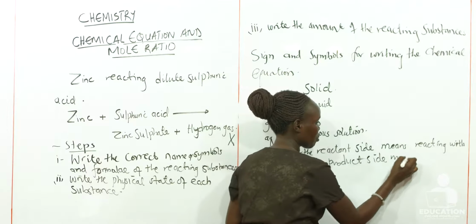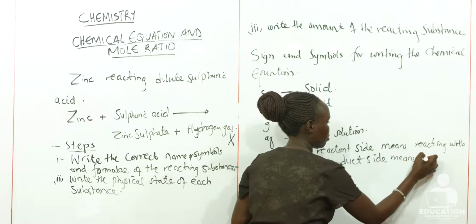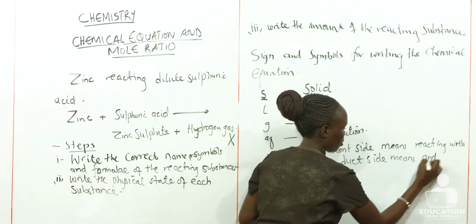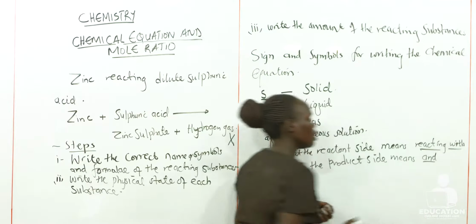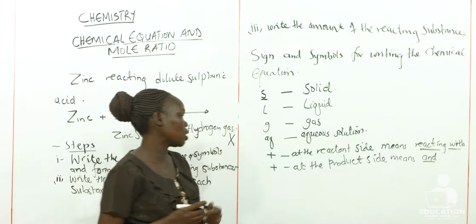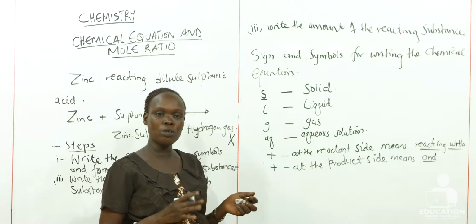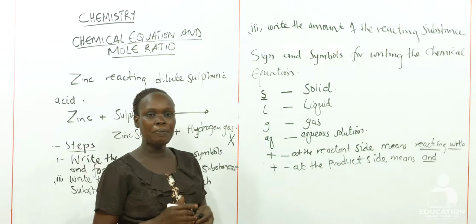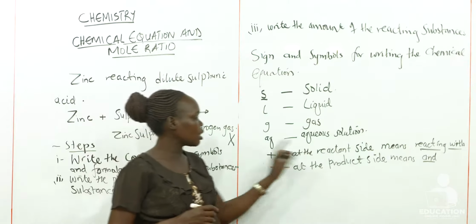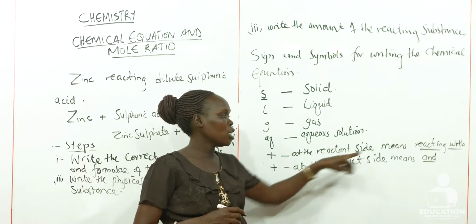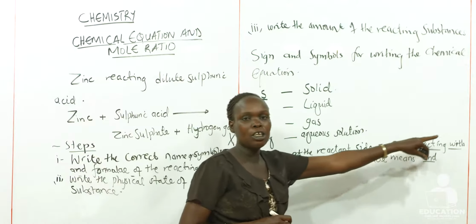And the same sign at the product side means and. So as I said, the same sign at each side of the chemical equation represents a different meaning. At the reactant side, this sign is representing reacting with.